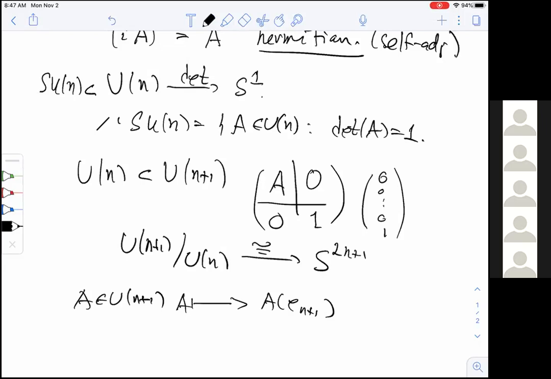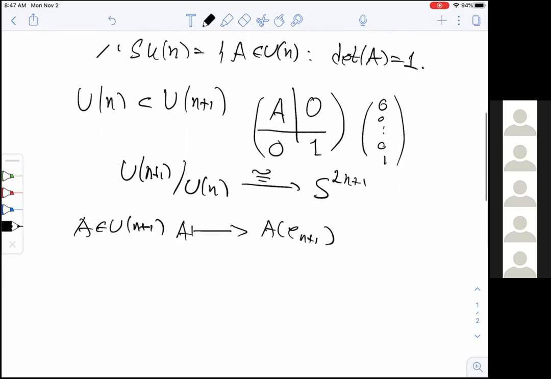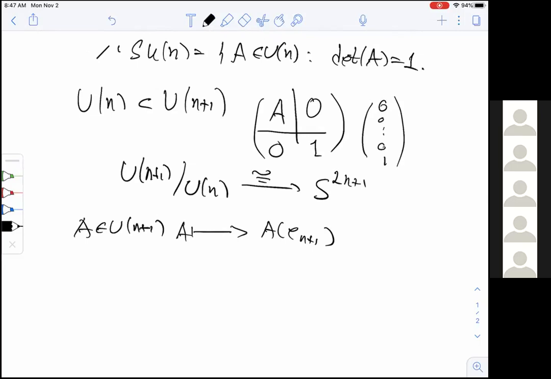Obviously, if you take a vector like this and multiply it by a matrix in U(n), you get back the same unit vector. So these right cosets act the same way on the unit vector. That's a map from U(n+1) mod U(n) to the sphere in C^(n+1), and it's clearly a diffeomorphism. It is the space of left and right cosets of U(n) inside U(n+1). So in particular, you have a fibration, a locally trivial fibration.